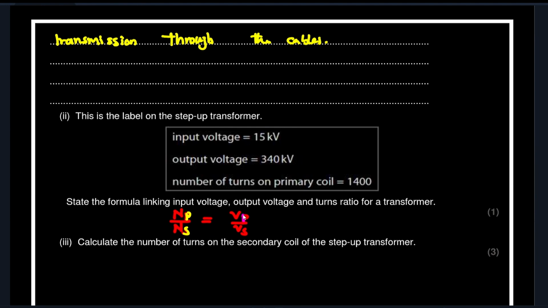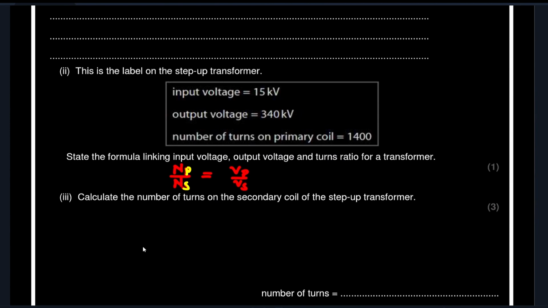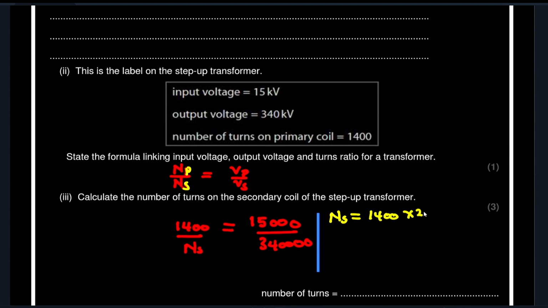And then we are going to calculate the number of turns in the secondary coil, so we can substitute whatever we have in this particular question, and we try to make the number of turns in the secondary coil the subject of the formula, which is going to give us 1400 times 340,000 divided by 15,000. And if we simplify this, we're going to get 31,733.